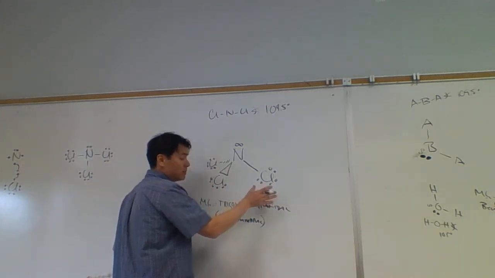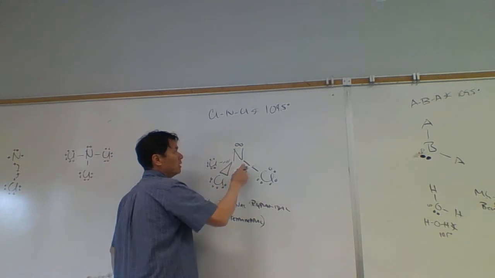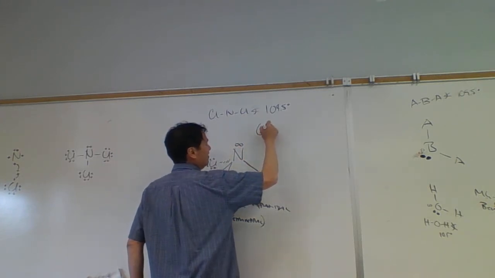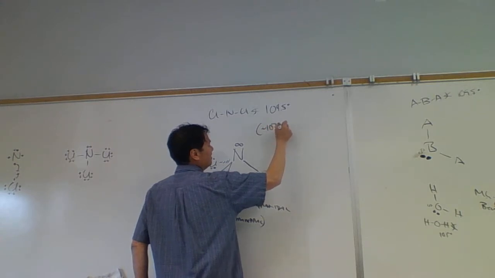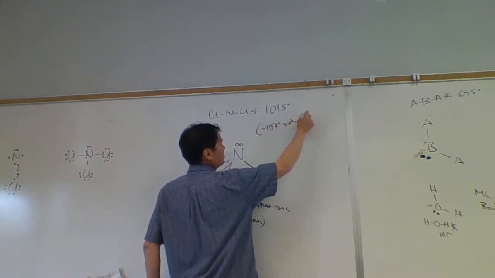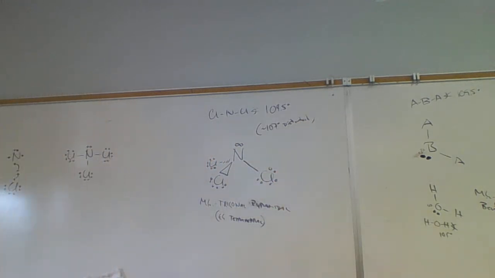We should factor it in, but it's too much. We just treat this as a single bond. That's more important than a lone pair. So it's going to shrink the angle. We would expect maybe about 107, distorted. About 2 degrees per lone pair. We only got one lone pair, so about 2 degrees distortion.